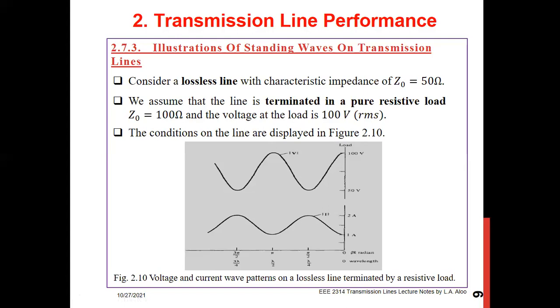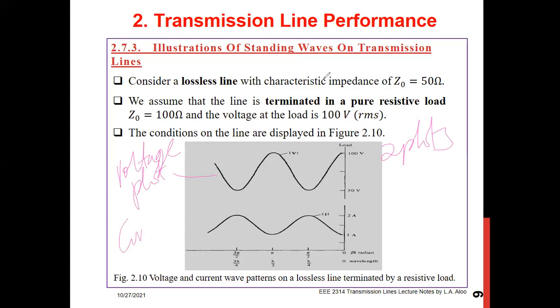Now I want to explain figure 2.10 using simple terms. We have in this particular case two plots. The upper plot is the so-called voltage wave plot, so you're plotting a voltage waveform on the transmission line.